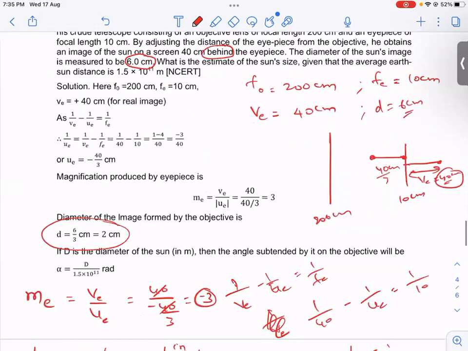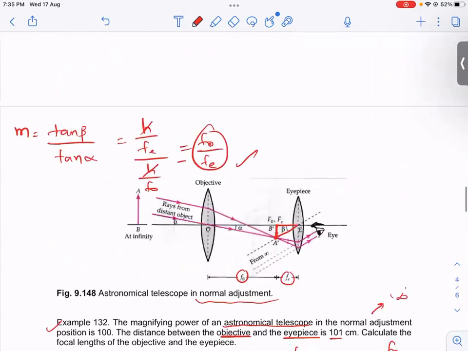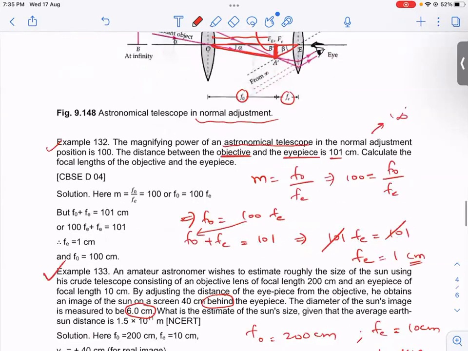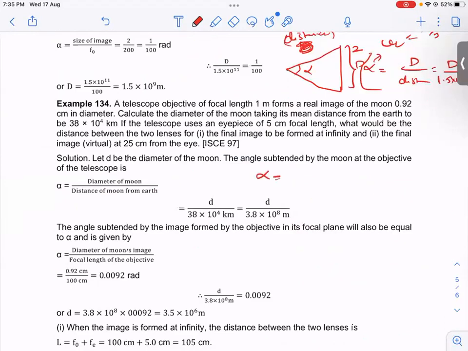But we know this fact, right? When the image is formed behind, if you observe, alpha is the size of the image formed due to the objective divided by the focal length, f naught. So alpha is equal to the size of the image formed due to the objective divided by f naught.